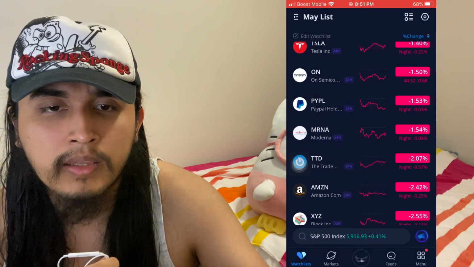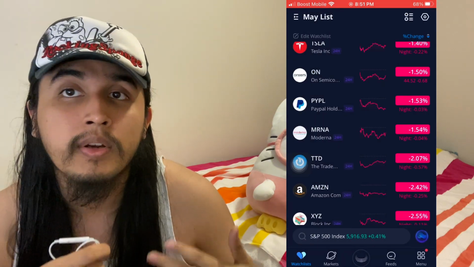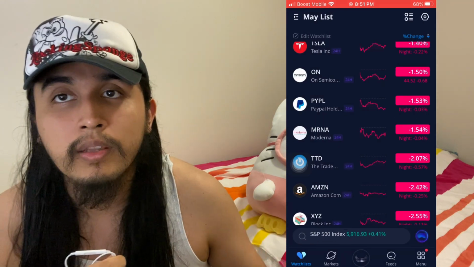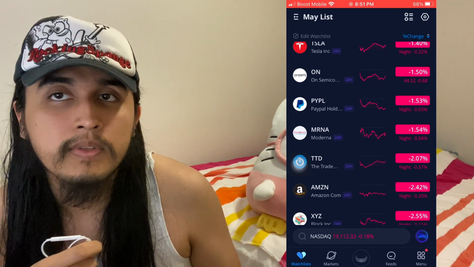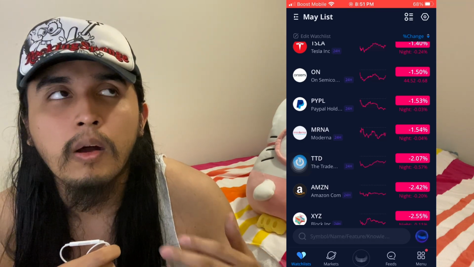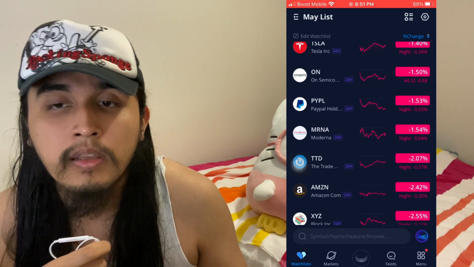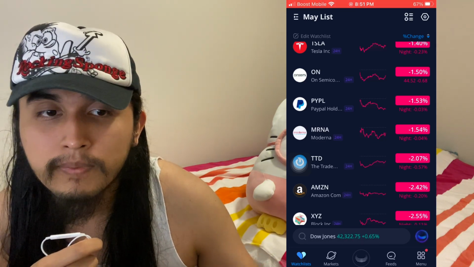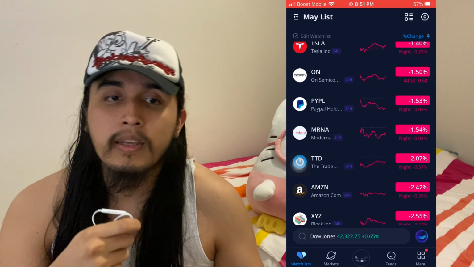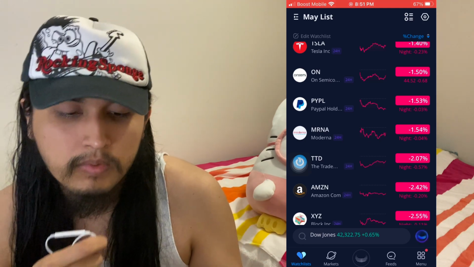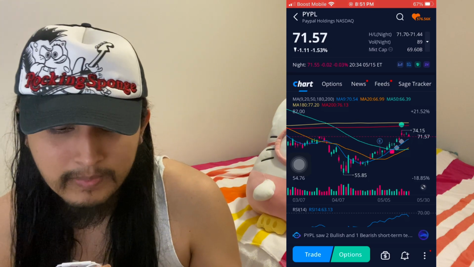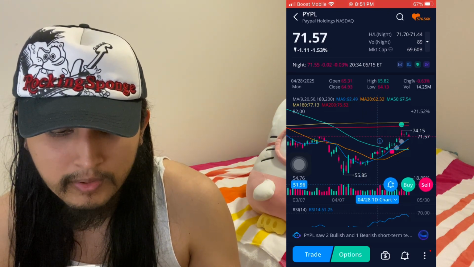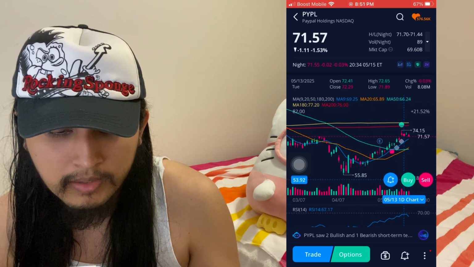So basically lately, like I said, I've been trying to diversify, trading a little bit of mid and large cap stocks, instead of only focusing on mega cap stocks. The reason I want to diversify now is because PayPal has been on a surge of an uptrend lately.